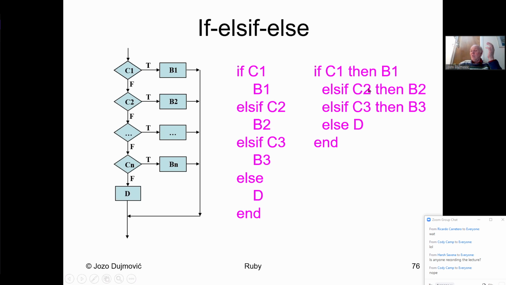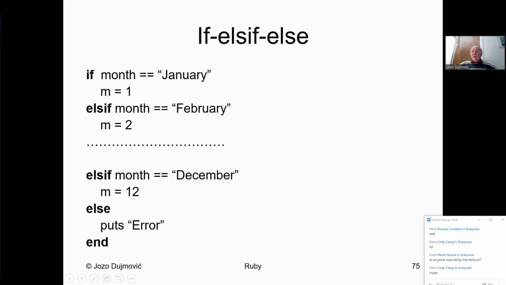If condition then B1, else if condition then B2, else if third condition then B3, else, the end. So this is a nice, easy, readable way of doing that. This else if can be indented a little bit, so that you see this is the beginning of if and end of if. So these are two styles. I would indent this else if a little bit inside, not put it this way.